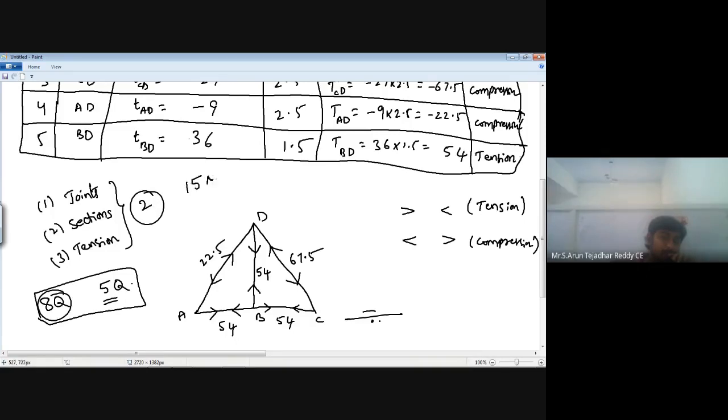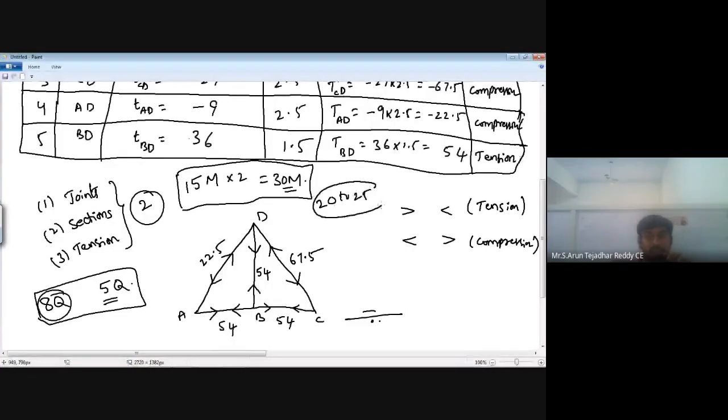Each problem carries 15 marks, that is 30 marks. So if you are perfect in the first unit, definitely you will get 30 marks, or else at least 20 to 25 marks. So all of you prepare well and write exams clearly.